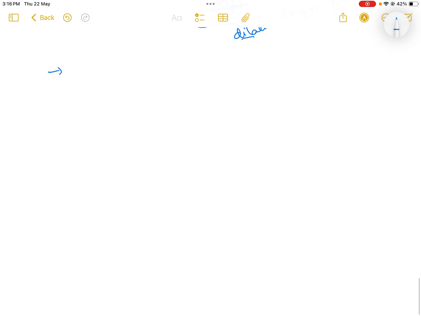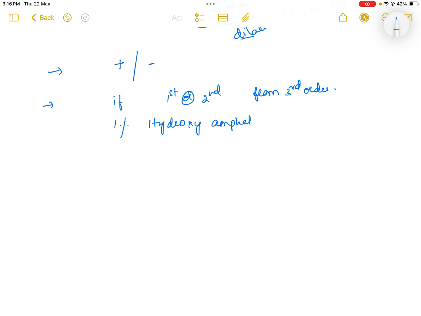This test confirms whether Horner syndrome is present or not. Then how do you differentiate if it is a first order or second order from third order neuron? For this, we have to use 1% hydroxyamphetamine drops. The mechanism of action is that 1% hydroxyamphetamine will release the stored norepinephrine in the third order neurons.